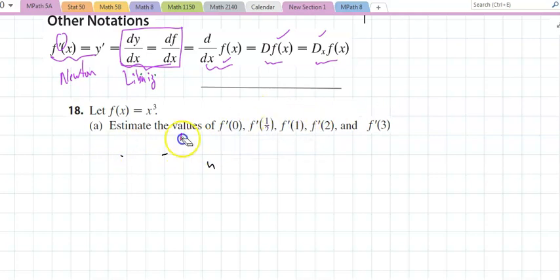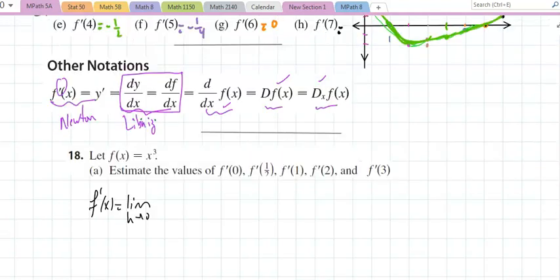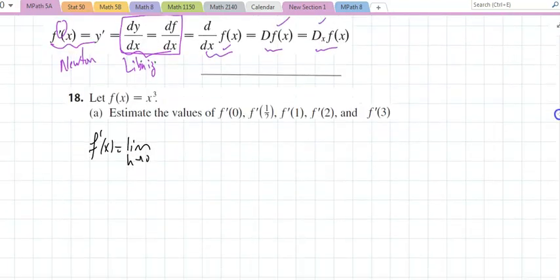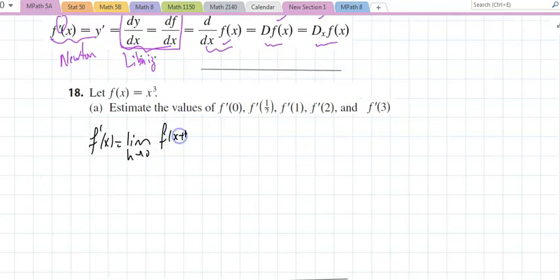Why don't we find the derivative at any x, which is the definition in this section: f of x plus h minus f of x all over h. Once I find the derivative in terms of x, I can let x equal 0, 1/2, 1, 2, and do this as many times as it takes.